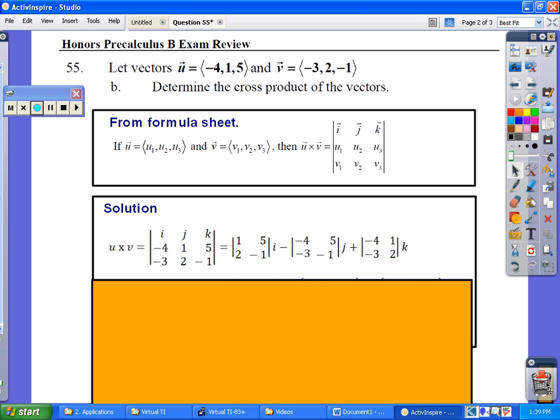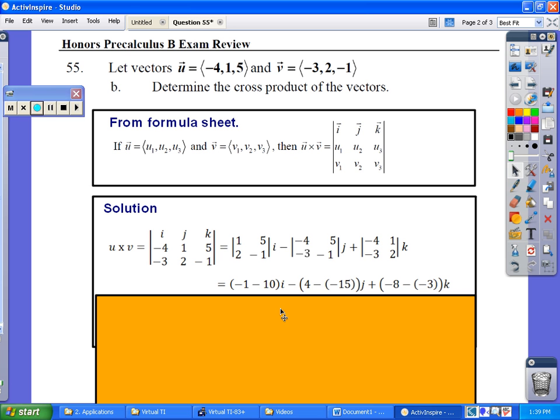Now to evaluate these, you use the determinant of a 2 by 2 matrix. If you remember, you multiply 1 times -1 minus 2 times 5. Or in other words, 1 times -1 is -1 minus 2 times 5 is 10, i, minus -4 times -1 is 4, minus -3 times 5 is -15, j, plus -4 times 2 is -8, minus -3 times 1 is -3.